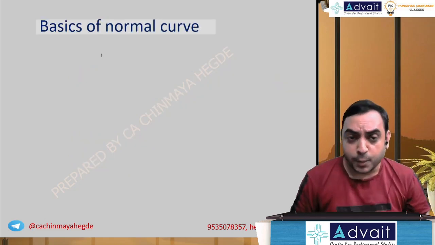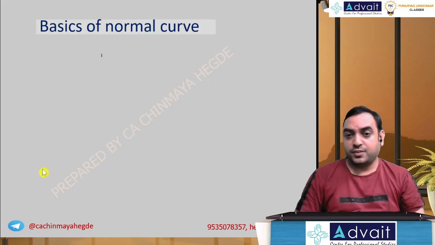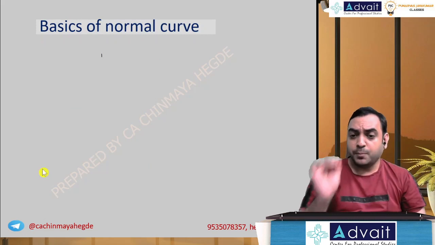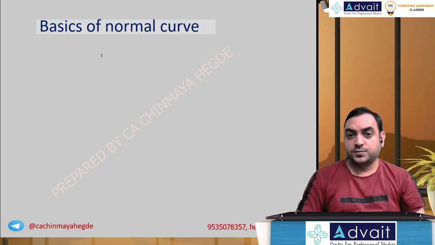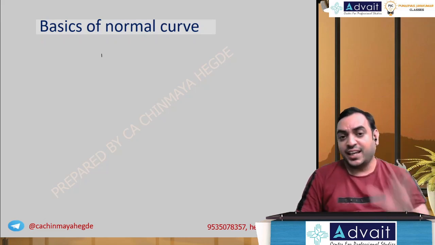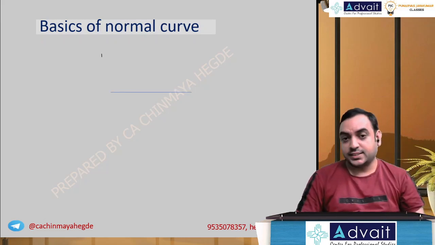That is a statistical model based calculation. Anyway, before we go to the formula of the Black-Scholes model, I would like to quickly cover some basics of the normal curve. I know you might remember or you might not even have heard of it, it does not matter. I'll quickly explain the normal curve basics.